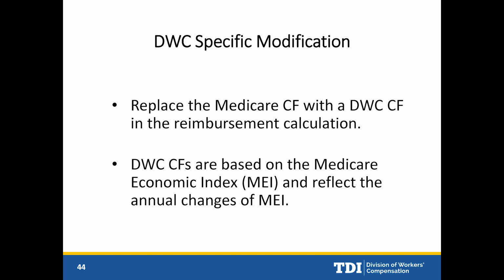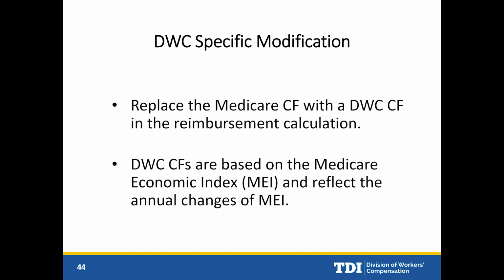And the MEI is basically the cost of doing business in the medical world. The cost of living generally increases every year. The cost of services may increase every year, and that's what the MEI represents.